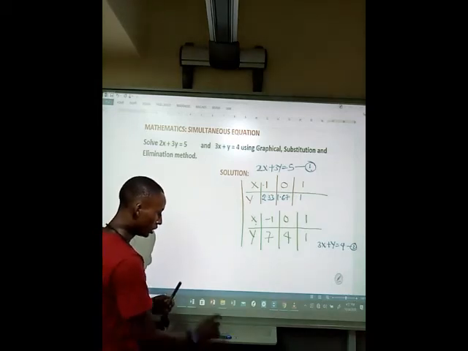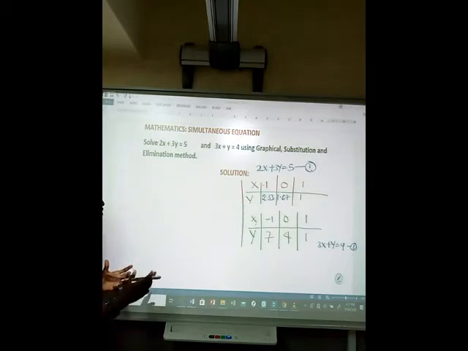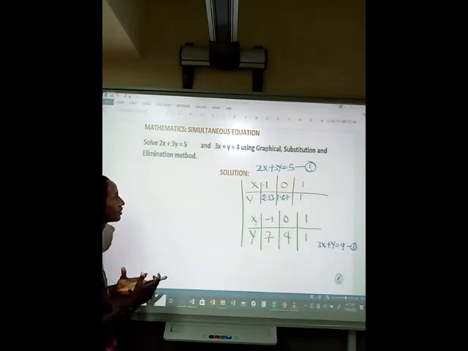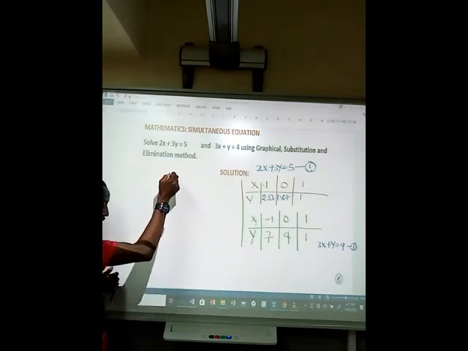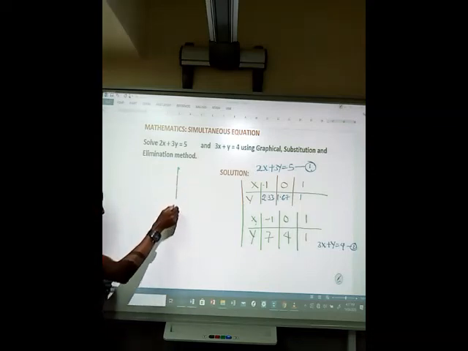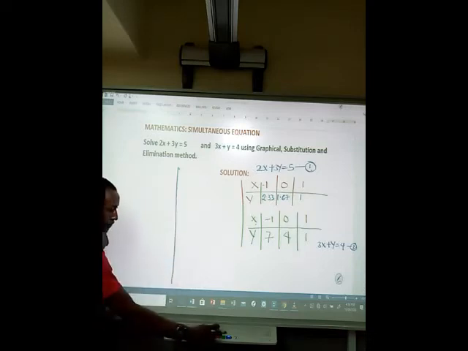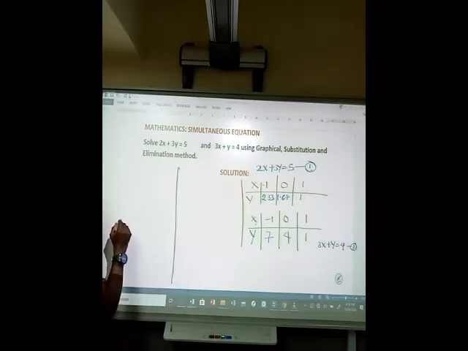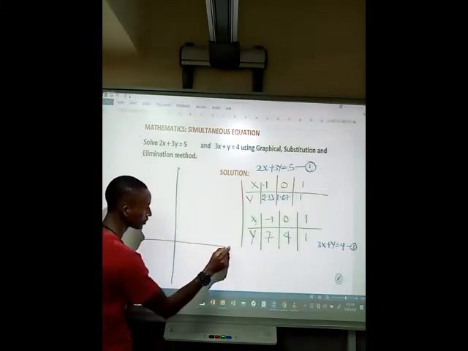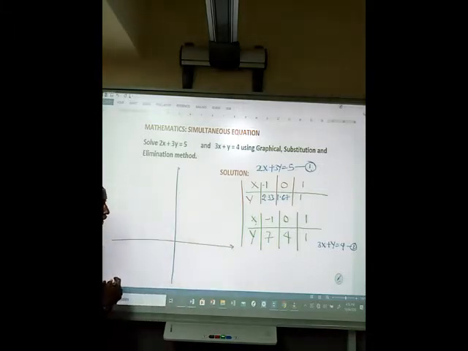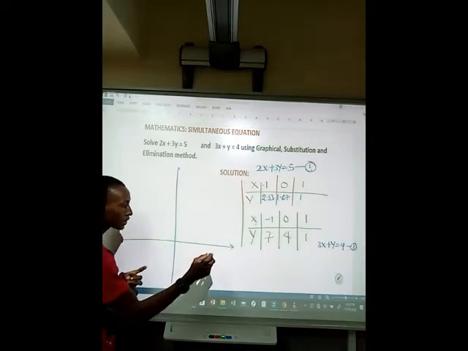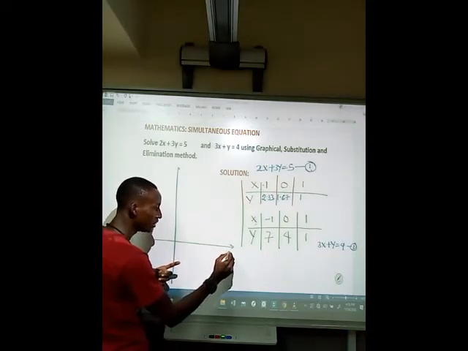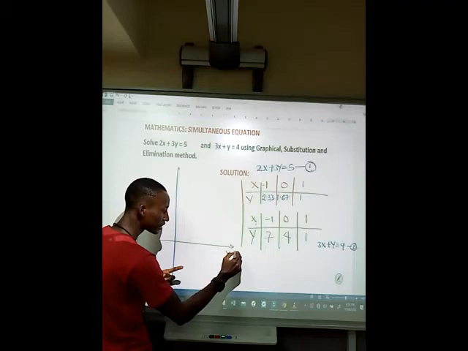Now, in drawing a graph, you need to be very careful, okay? And you need to put into consideration your x and y axis. Now, let me assume that this is my vertical y axis, and this is my horizontal axis. It is important that you indicate your arrow and you indicate the x axis.